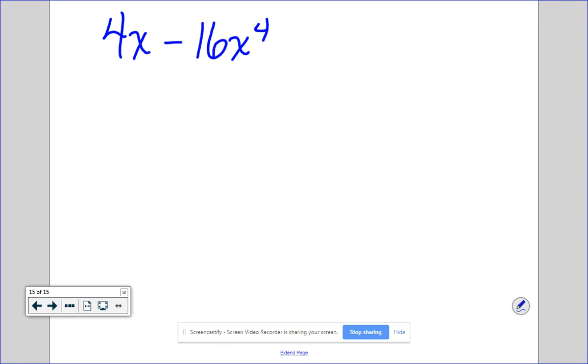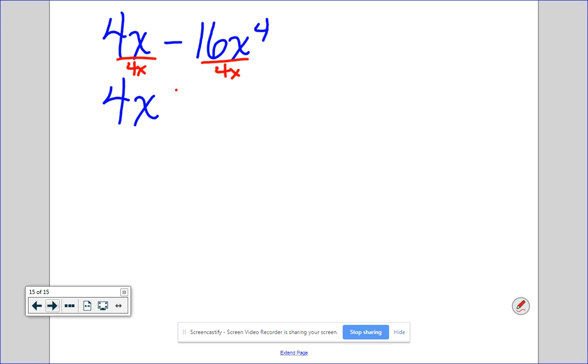If I want to factor this by its GCF, I'm sorry, I don't know why I keep saying grouping. The GCF is 4x. So they both have a factor of 4, and they both have an x. Then I divide this by 4x.